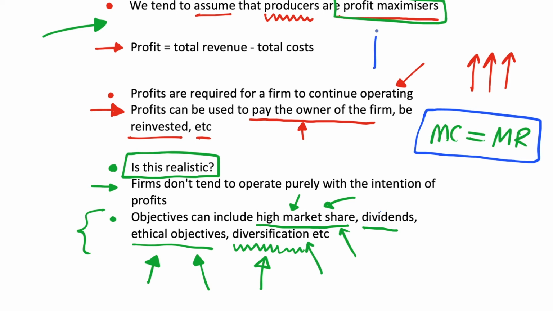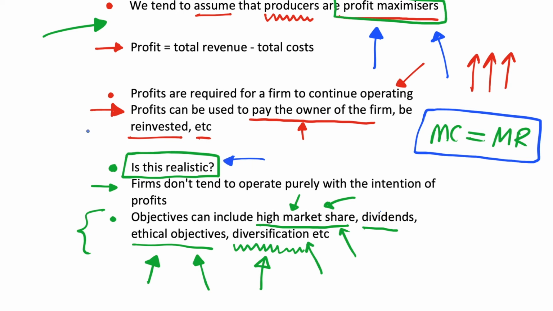And if a firm only cares about maximising profit, well, it's going to be a lot easier in order to predict the behaviour of a firm. And once we do that, we can then solve our economic problems a lot more simply. So we do this for simplicity, but also we say it's not completely realistic, but it is a fairly good general view of the world.